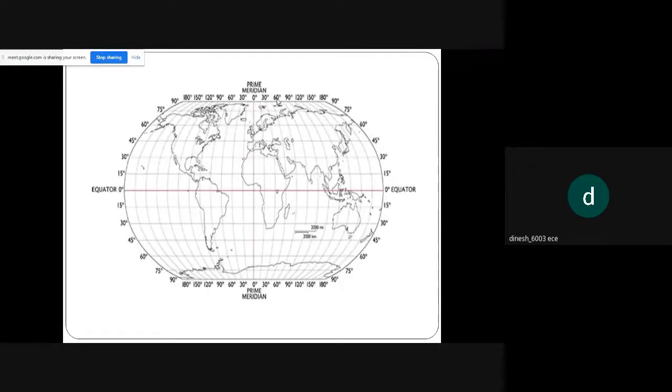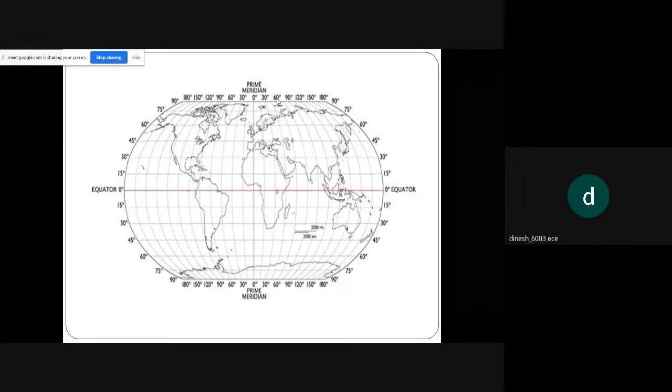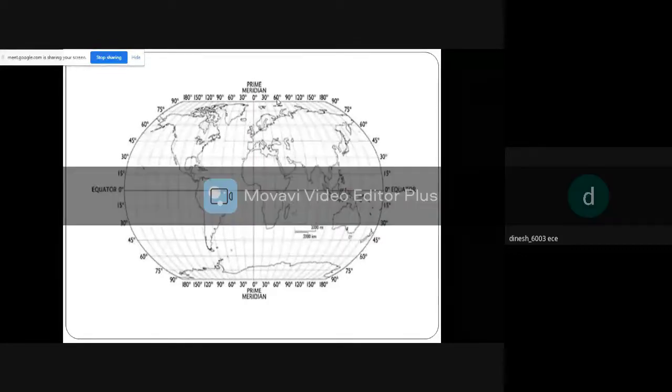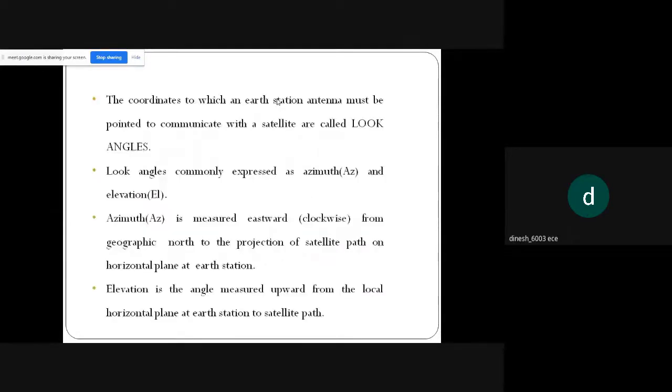We have degrees of measurement: 15 degree, 30 degree, 45 degree, 60 degree, 75, 90, in longitude. The center is your prime meridian. This diagram shows how the imaginary lines, latitude and longitude, are drawn on the globe.